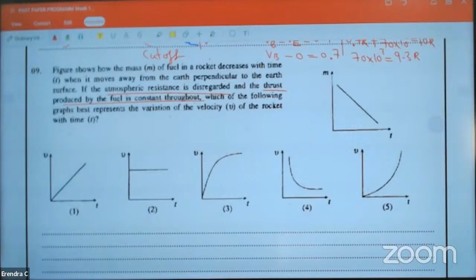When the mass reduces, thrust is constant. Thrust constant means acceleration should increase.